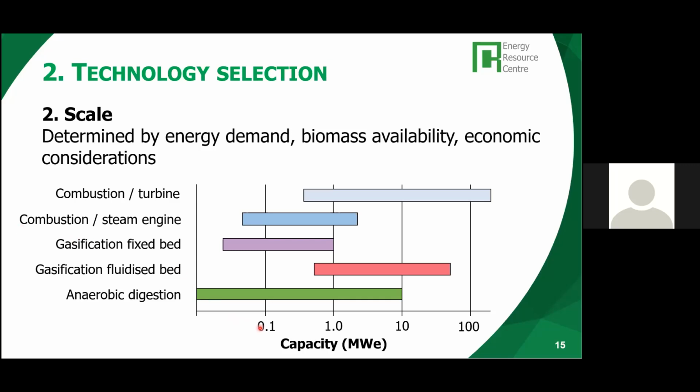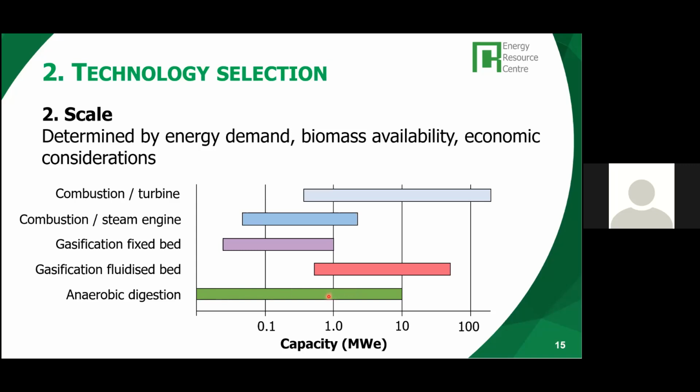Okay. And let's say biogas systems, as indicated, they can really go down to very small scales. Although in practice, you'll find them from, let's say, 20 to 50 kilowatts upwards.